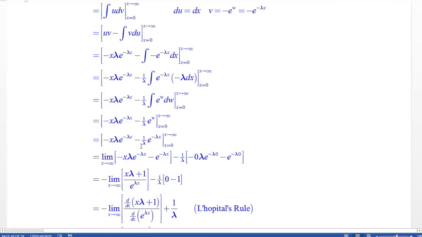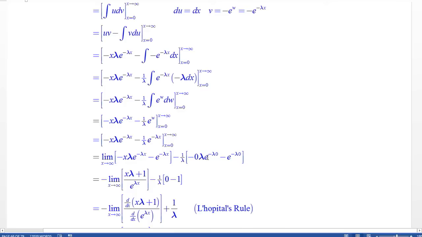So for this part here, I'm plugging in 0. Actually, I don't know why that 1 over lambda should be here.